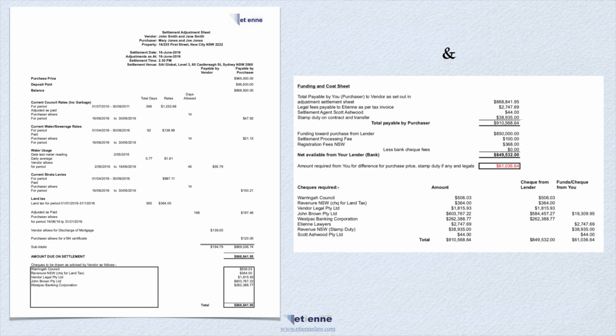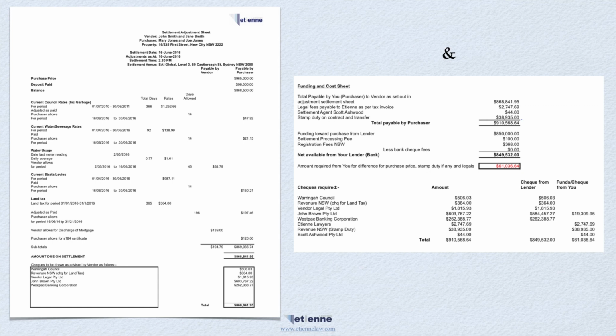These documents are sent for you to check the figures, and if you have any issues with the lender as to the amount the lender is lending, you can then take the matter up with the lender, or arrange the shortfall to be provided to us so we can complete the purchase on your behalf.